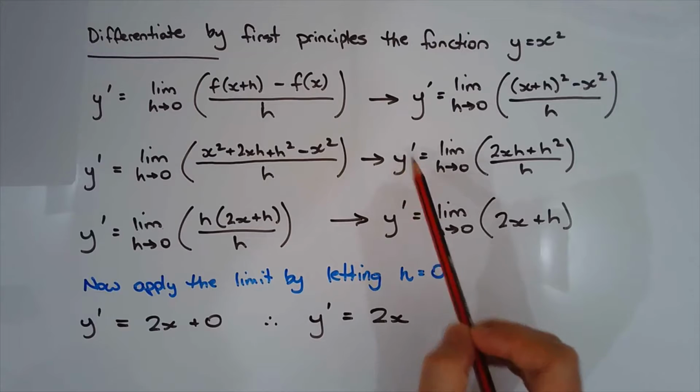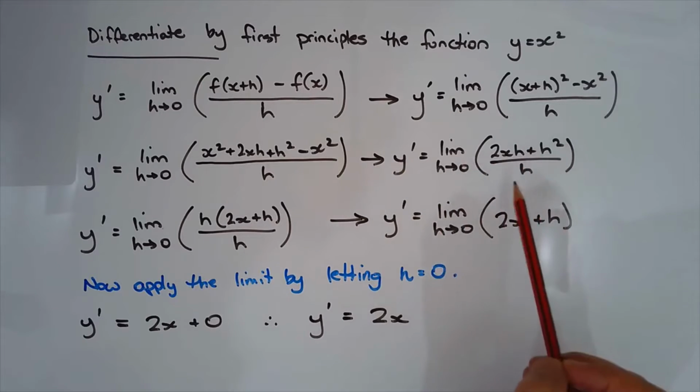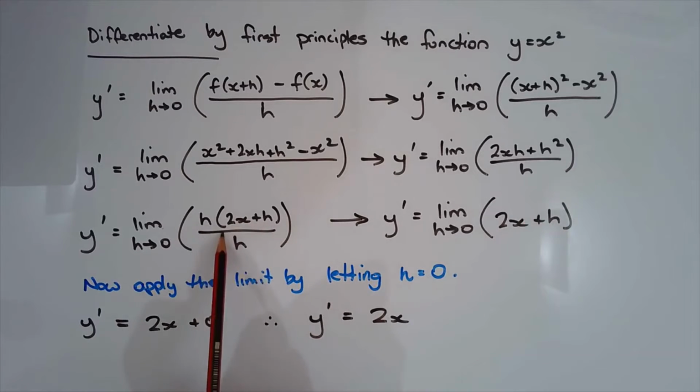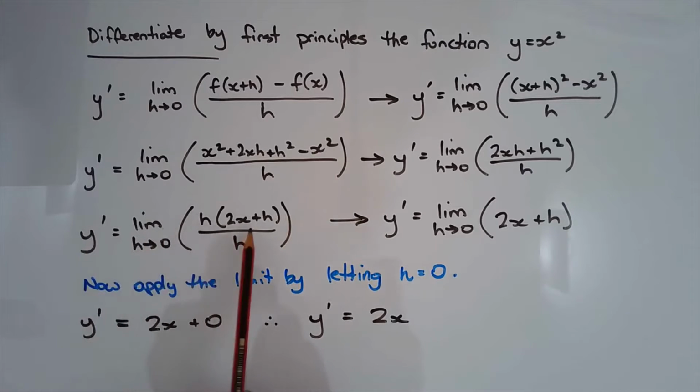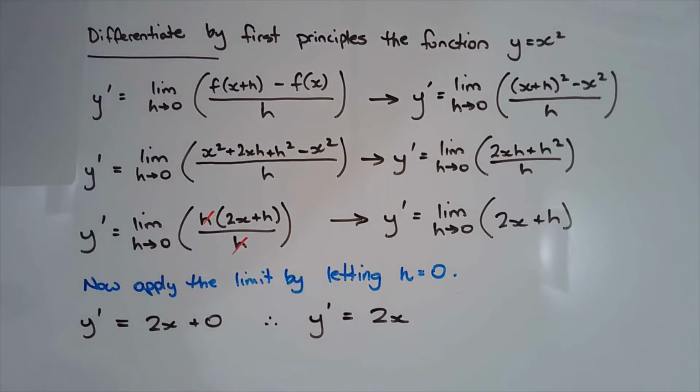And we get y dash is equal to the limit as h approaches 0 of 2xh plus h squared over h. Now, factorizing out the h in the numerator, we get y dash is equal to the limit as h approaches 0 of h times 2x plus h, over h, and of course, the h's will cancel, and I might just indicate that now, so they disappear.